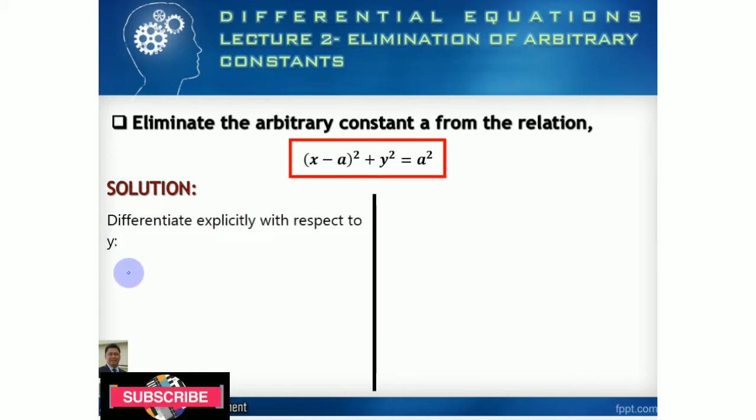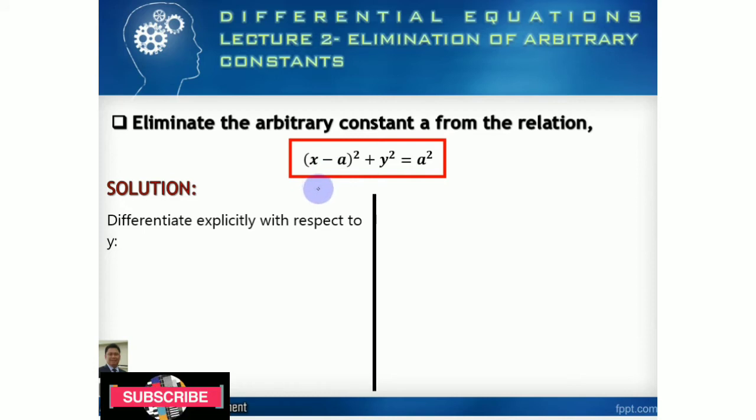So that would be our approach here, from the given relation. We are going to differentiate explicitly with respect to y, since we are going to determine the derivative of y now.